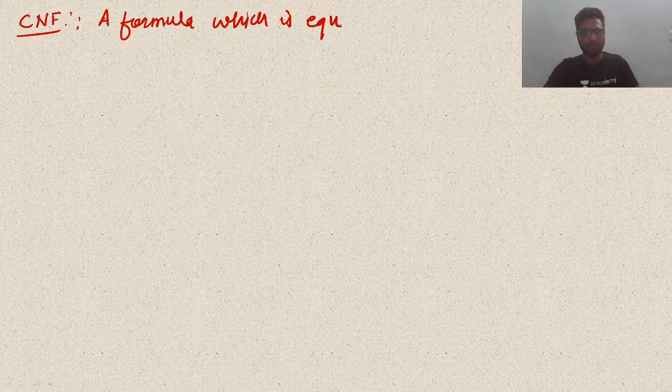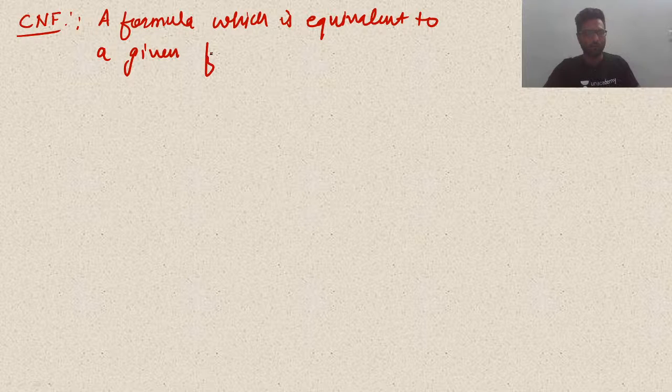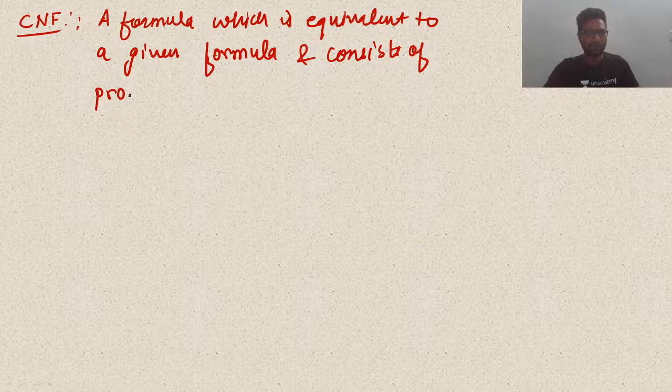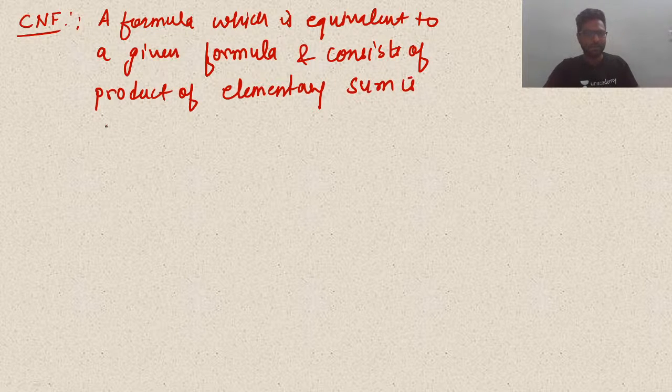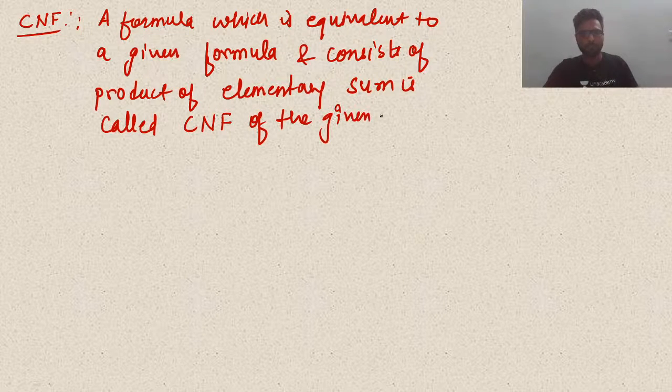Similarly, a formula which is equivalent to a given formula and consists of a product of elementary sums is called a conjunctive normal form of the given formula. Is this one clear to everyone or not?